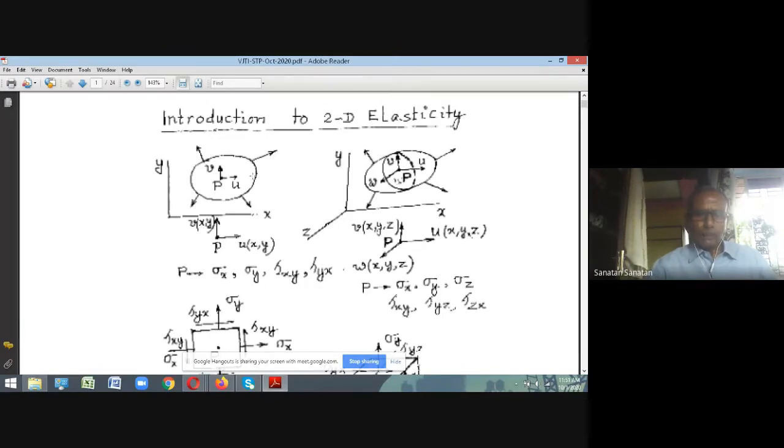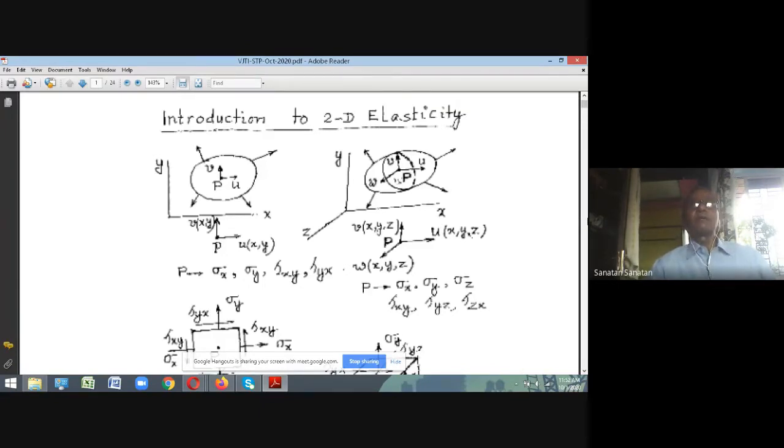Some forces are there, and the body is in equilibrium, and it is going to deform under the action of forces. What it means is that every point of the body will have displacements in the x direction and y direction. Here we represent the displacement in the x direction by u, which is a function of x and y. Similarly, v is the displacement in the y direction of a point like P, and it is also a function of x and y.